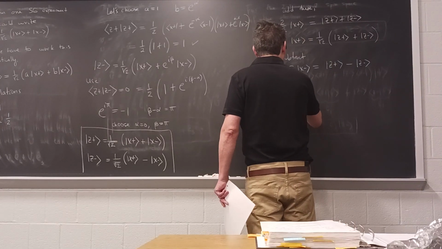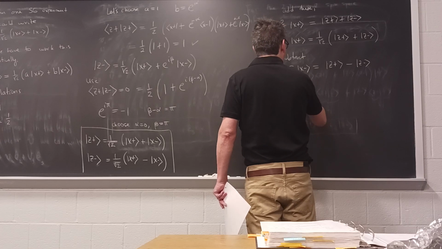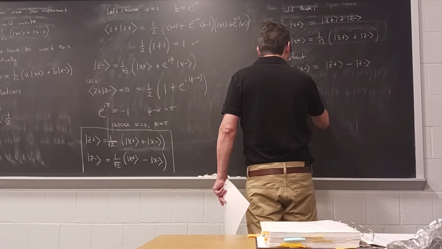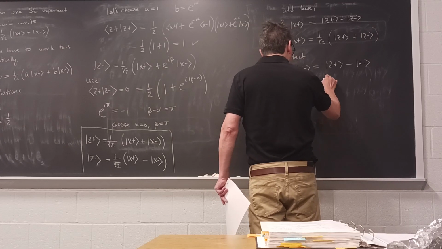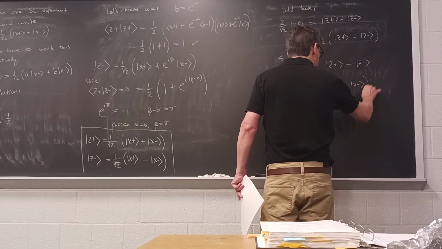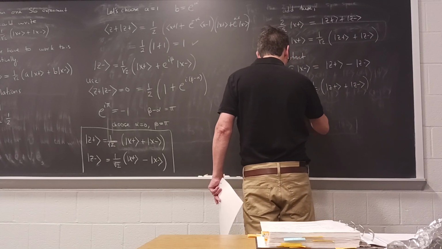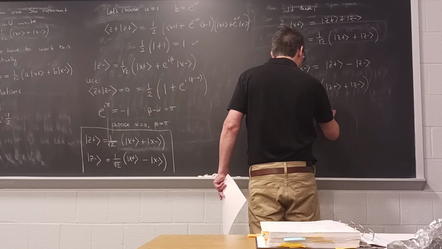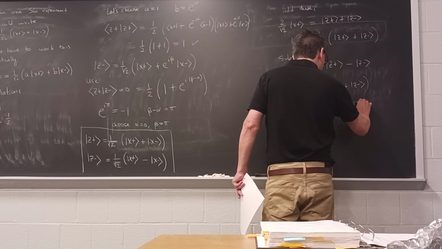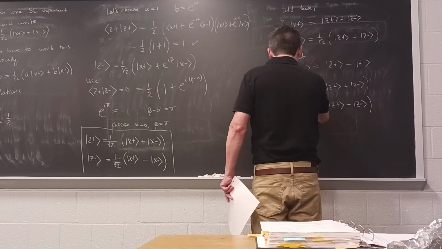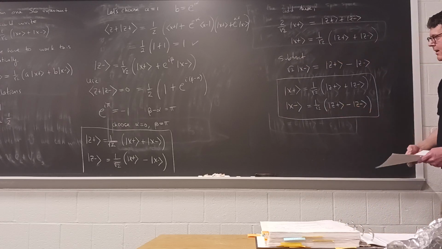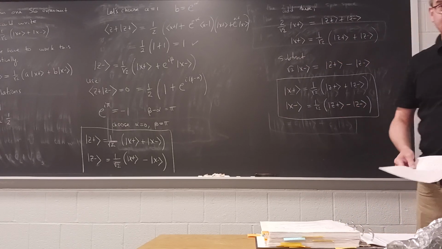And so let me just write both of them together. So it's x plus, x minus. Okay, so they look identical. We're just replacing z with x.